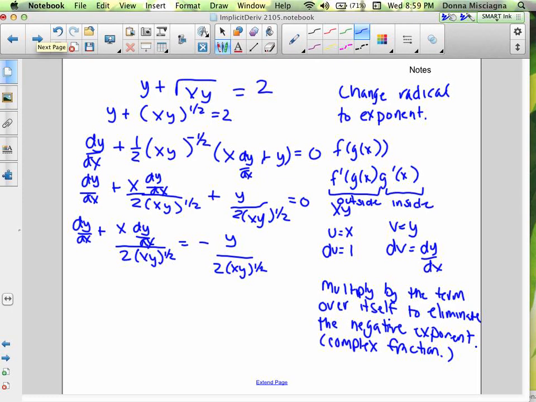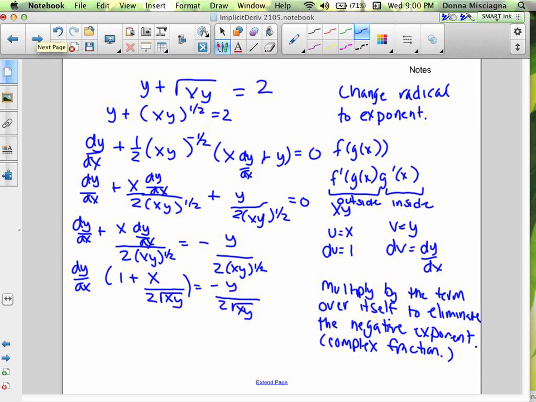We'll factor out the dy/dx. So that's going to be 1 plus x over 2, I guess I'll change it, square roots of xy, equals negative y over 2 square roots of xy.